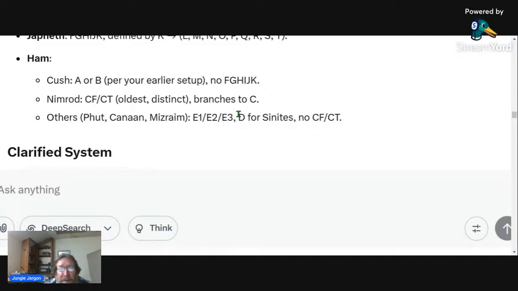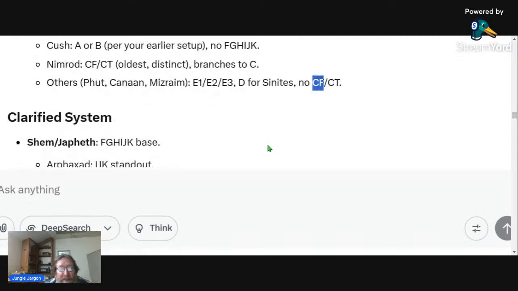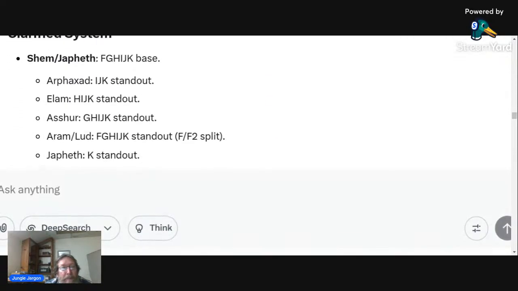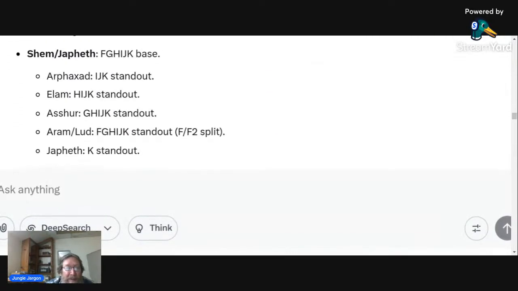Okay, the D Sinites don't have a CF marker or CT, so it's XDE. So the CF marker is XDE. D and E do not have the CF marker, even though C comes before E. E does not have the CF marker. So when you see it written, it's CF XDE. DE do not have the CF marker.